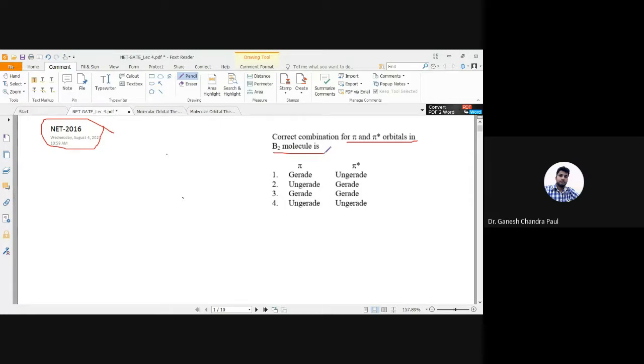That question also basically came from molecular orbital theory. The question is asking for the correct combination of pi and pi star orbital in B2 molecule.